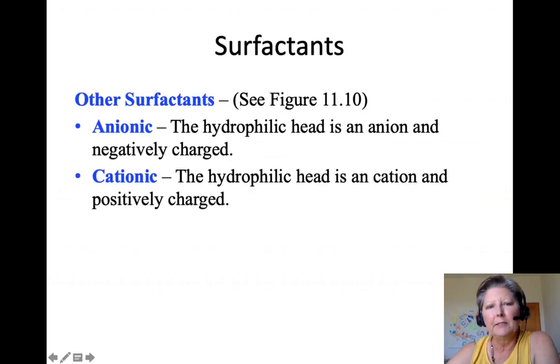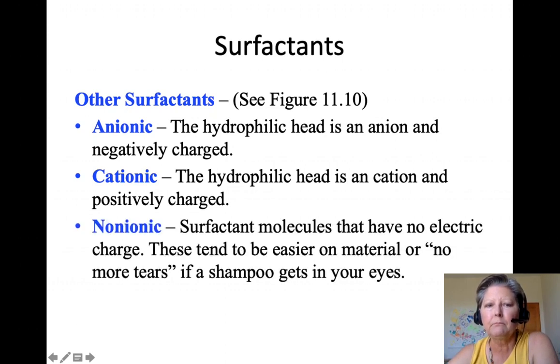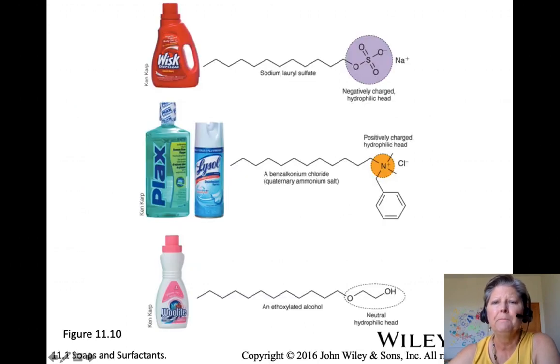Other surfactants aren't all necessarily anionic. Soap, we said, is based on an anion, the carboxylate anion, and a sodium counterion. But you can have cationic and non-ionic.